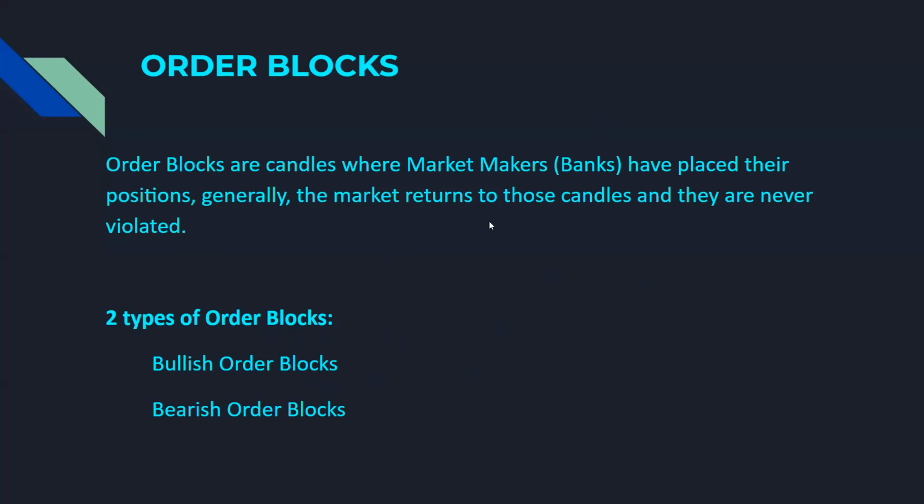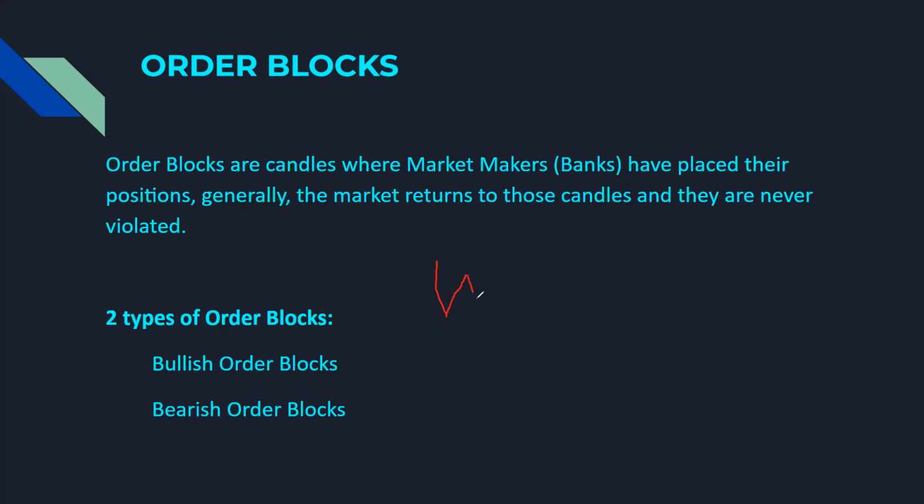Generally, the market returns to those candles and they are never violated. That's the definition. Meaning there are candles where, if the market returns to them, it may break them, and there are candles where, if the market returns to those areas, they will not be violated. They will hold.